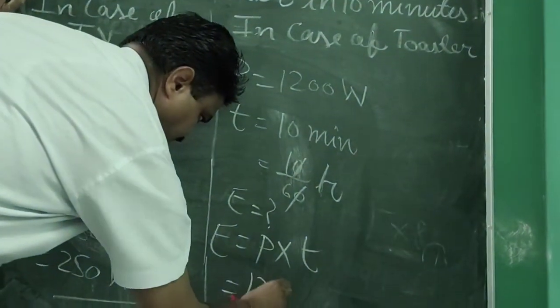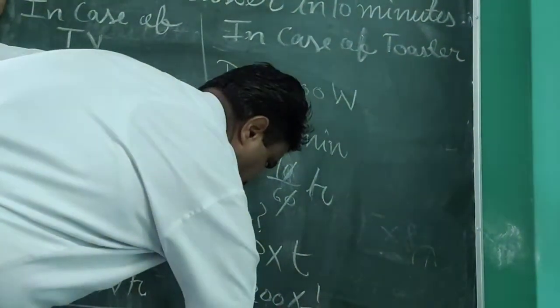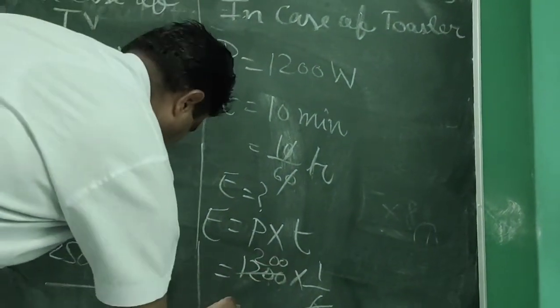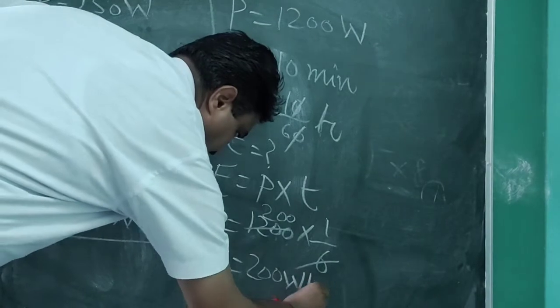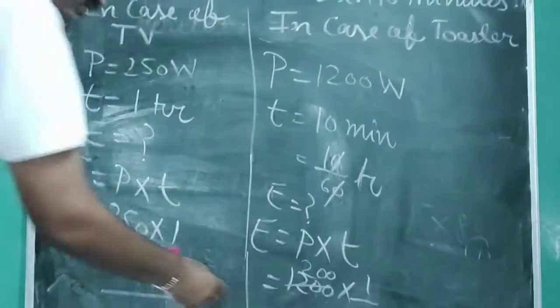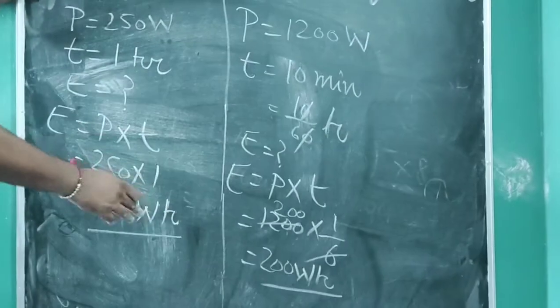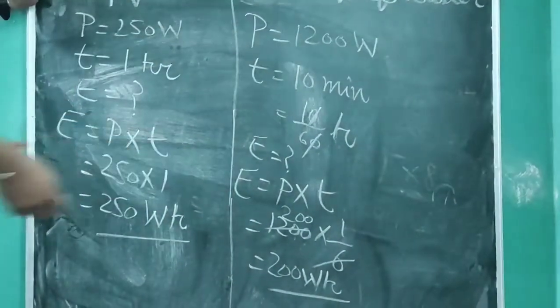It is 1200. Again you multiply it by 1/6 and you will calculate it. It is 200 watt hour.